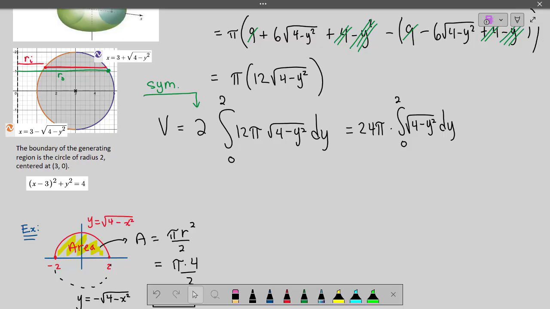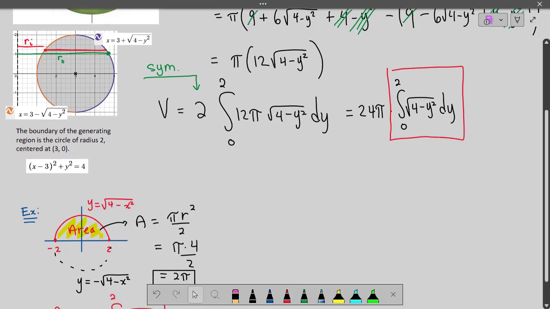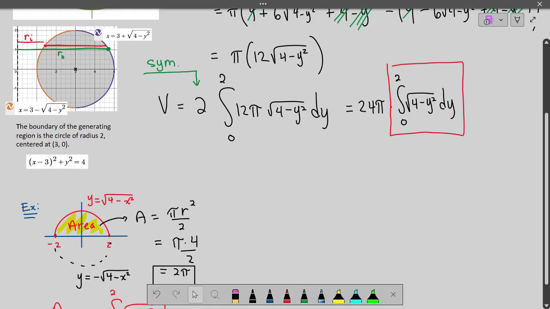So here is where we are using the geometry. So that thing represents the area of what? Let's draw a picture. So this function in here is x equals the square root of 4 minus y squared.